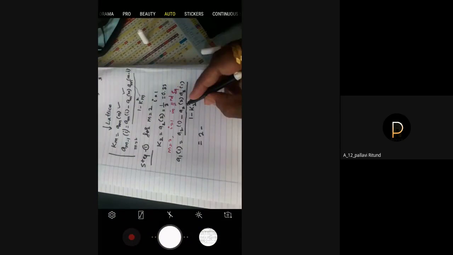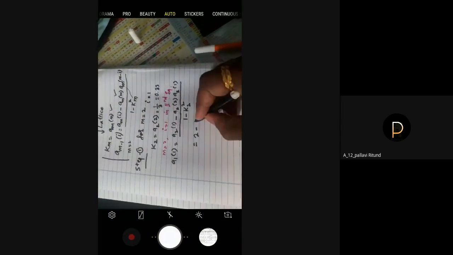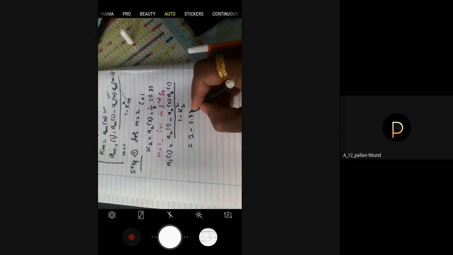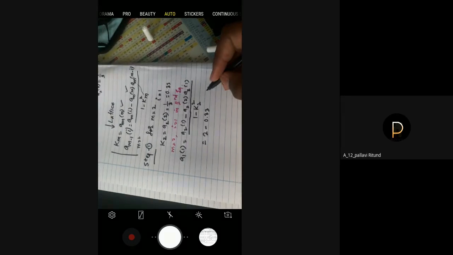What is the value of A2 of 1? 2, minus A2 of 2, what is its value? 0.33, times A2 of 1, which is 2, divided by 1 minus K2 square. What is the value of K2? 0.33 squared. What is the result?